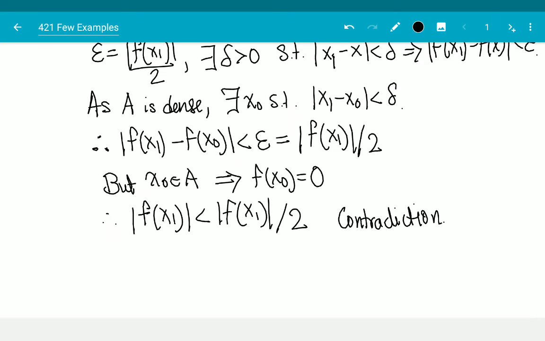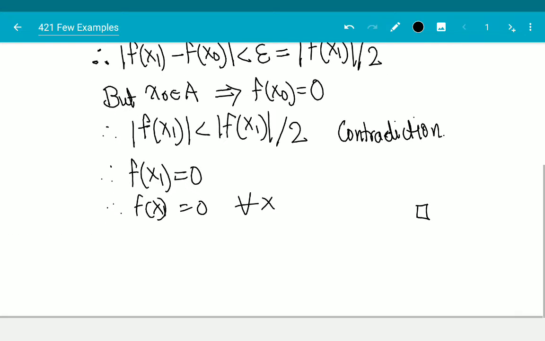Contradiction. And therefore f of x1 was indeed equal to 0, and therefore f of x is equal to 0 for every x, as required.